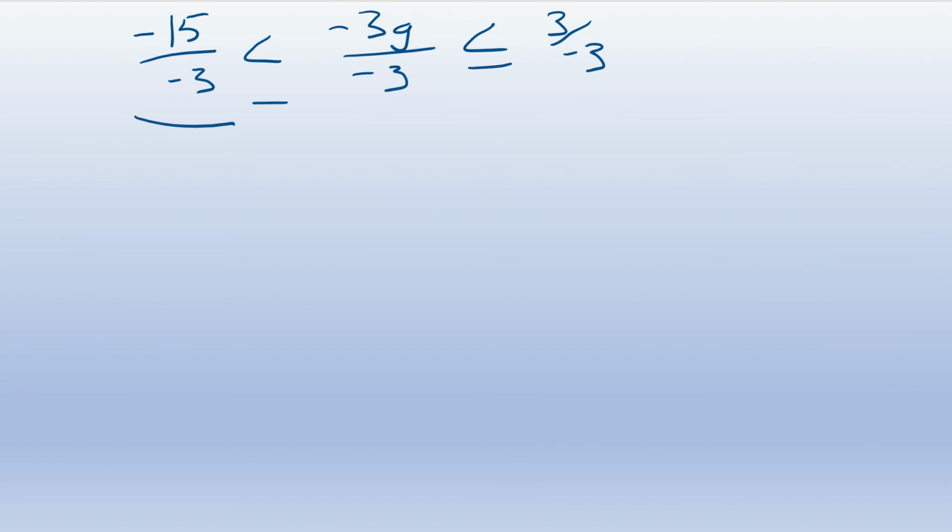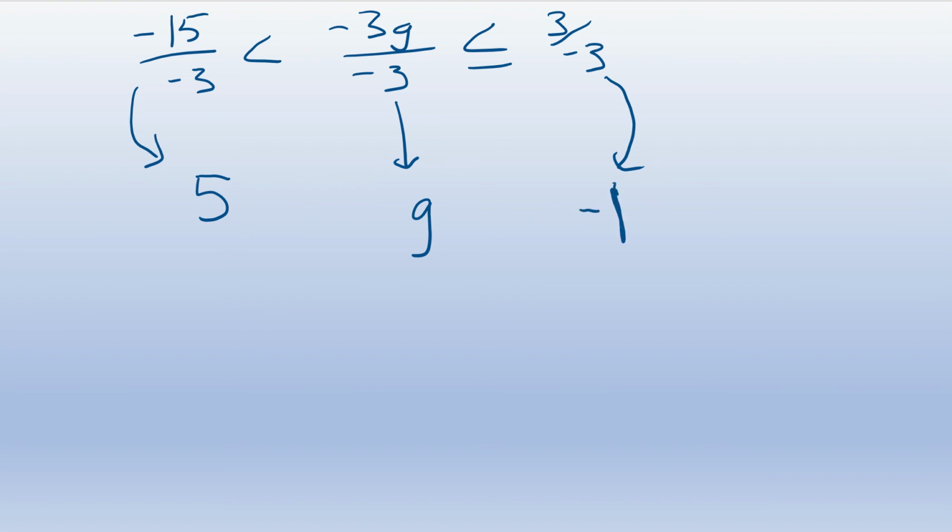So let me take those lines away. -15 divided by -3 is going to give me 5. -3g divided by -3 is going to give me 1g, or just g on its own. You don't have to put the 1 in. And on the right hand side, I'll put arrows down there just to show you where they're coming from. 3 divided by -3 is going to give you -1.